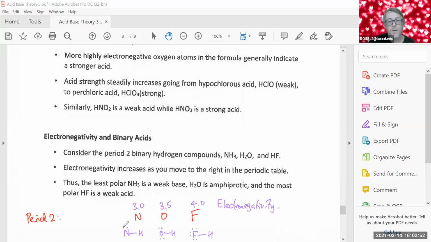And you can see here that this bond is stronger, and so you can donate.